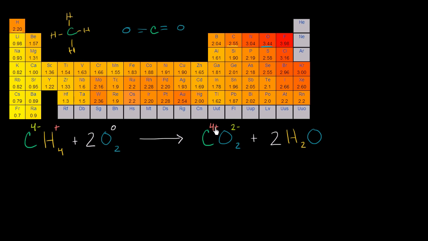And we see it nets out. +4, 2 times -2 is -4. It all adds up. This is a neutral molecule, and we saw that over here. -4 plus 4 times +1 all nets out to be neutral. And that makes sense because these are neutral molecules. And then finally you have water, and we've seen that multiple times already. Oxygen, in each of its, what in reality are covalent bonds, with the hydrogens.